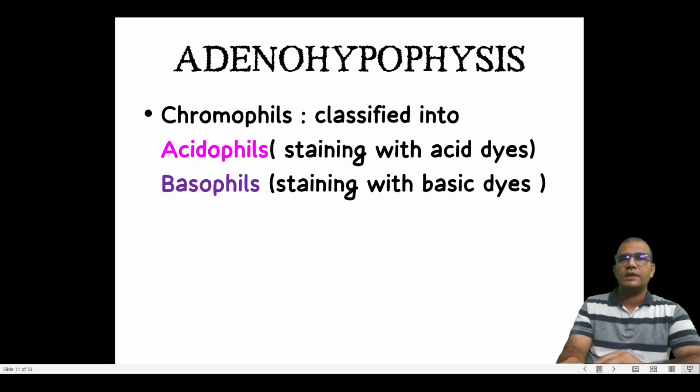So hematoxylin and eosin. Acidophils will stain with eosin, whereas the basophils will stain with the basic stain, that is hematoxylin. Eosin is pink in color, whereas hematoxylin stains the structures in blue color.